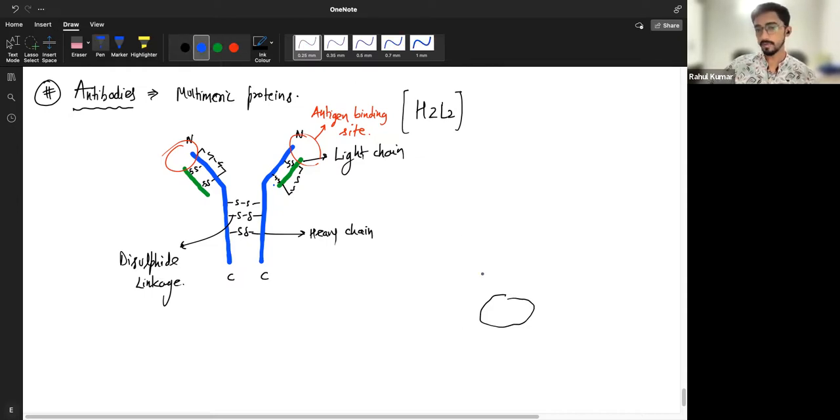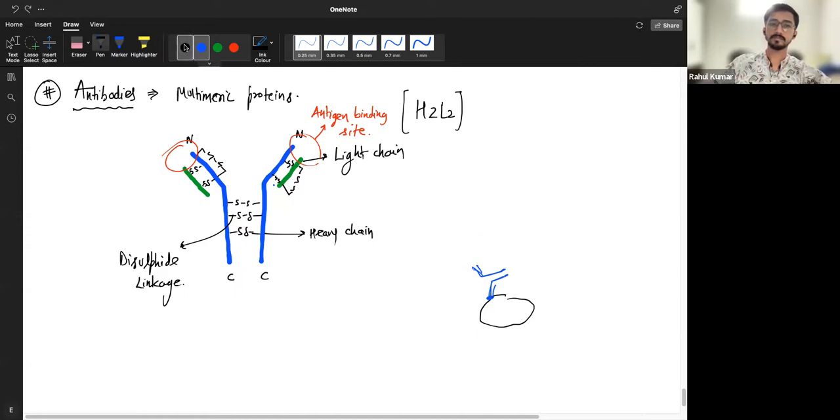So the antibody will bind like this, right? With one pathogen. This is the Y-shaped structure. Let me make the light chain also. Correct? And on this side, it will bind to the second pathogen.